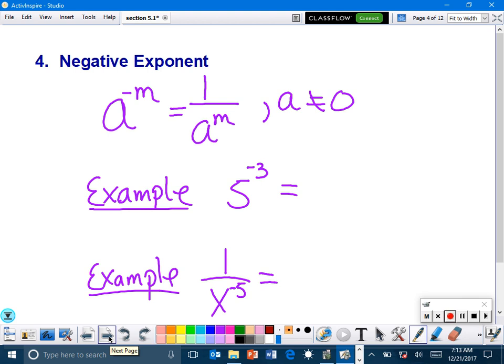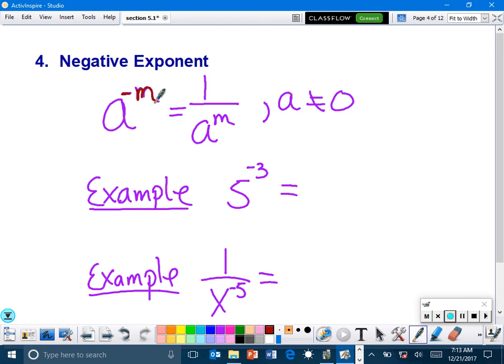Negative exponents. We never want to leave an answer with a negative exponent. That is bad, just remember that. In this first example, we've got a base a to the negative m power.